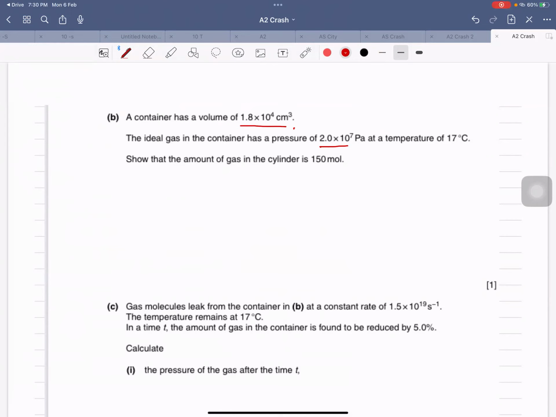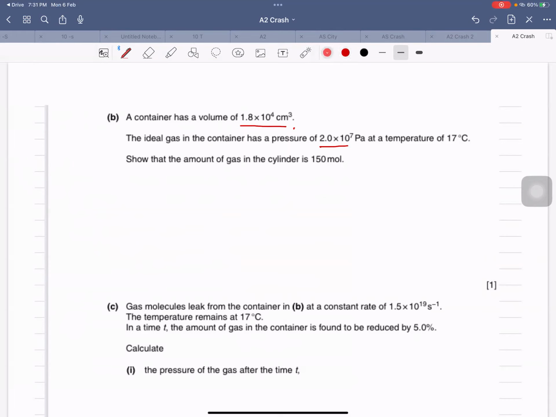Then it says I want to show that the amount of gas in the cylinder is 150 moles. So you have to find n.